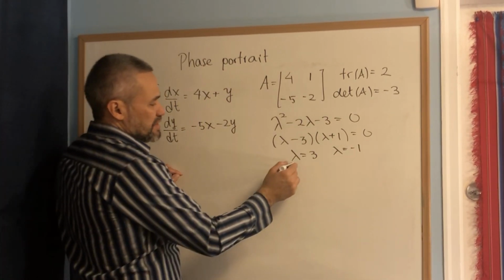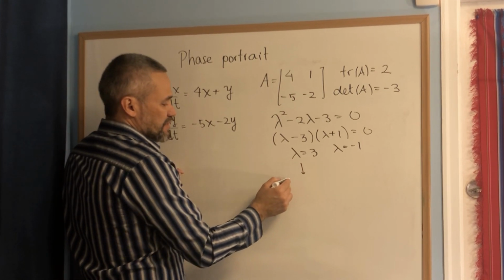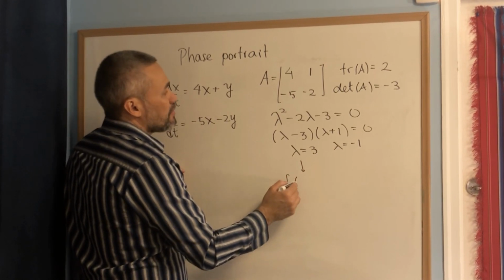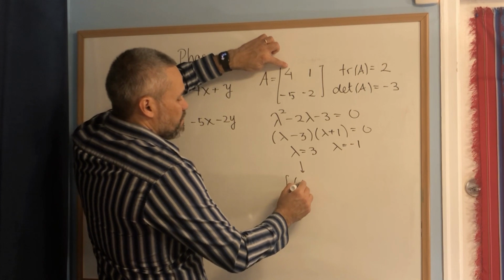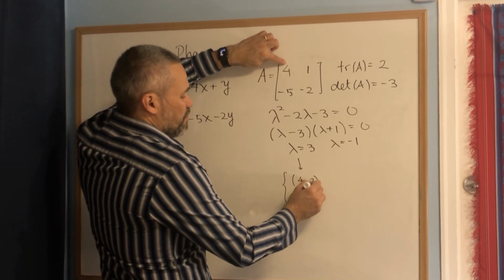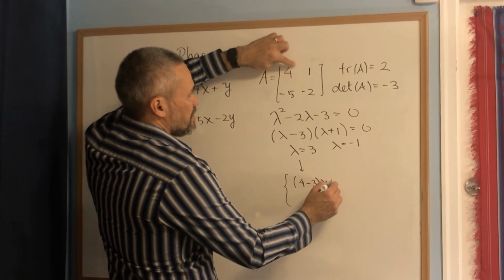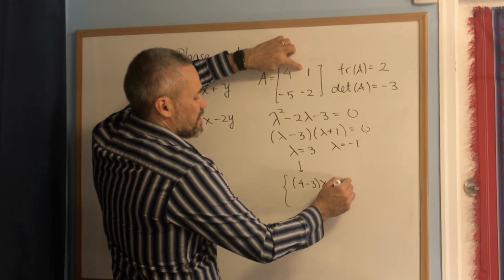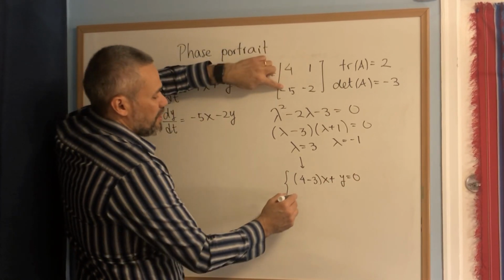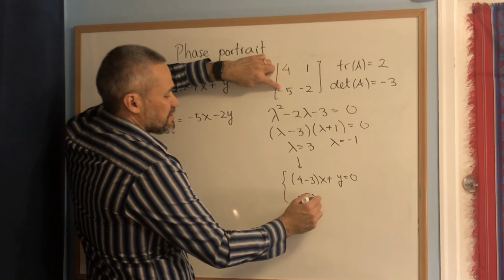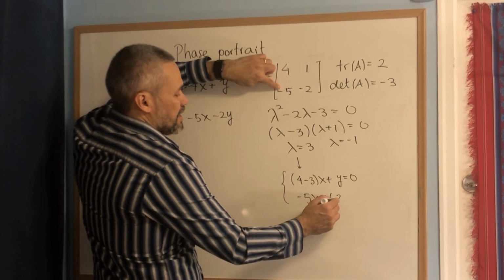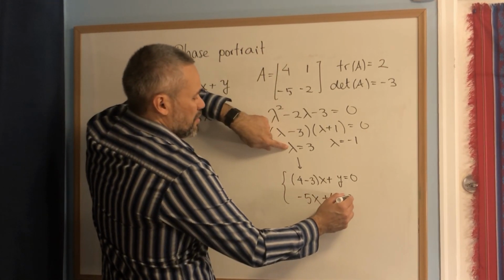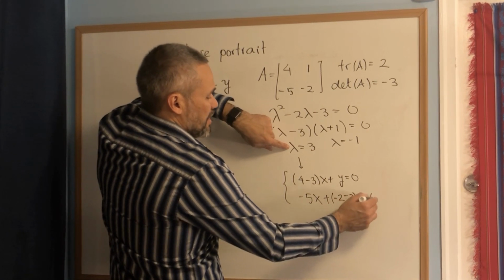To compute this eigenvector, we solve this system. For lambda equals 3: 4 minus 3 times x plus 1 times y equals 0, and the other one is negative 5x plus negative 2 minus 3 times y equals 0.